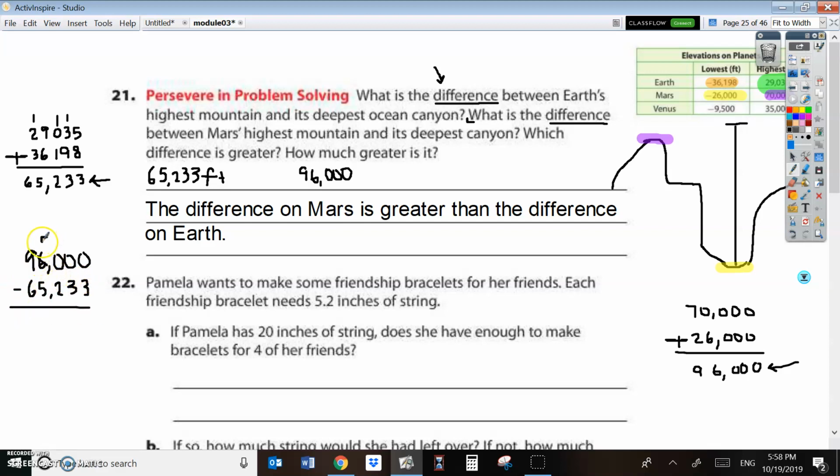Make that a 5, that a 10, and a 9, and that a 10, and a 9, and this a 10. 10 minus 3 is 7. 9 minus 3 is 6. 9 minus 2 is 7.